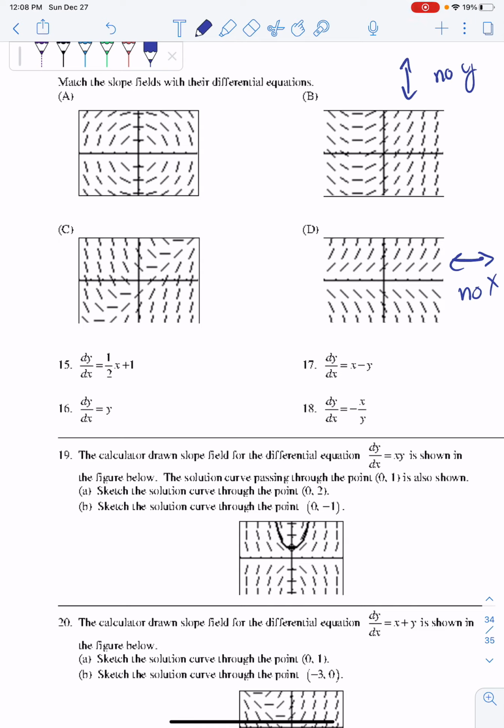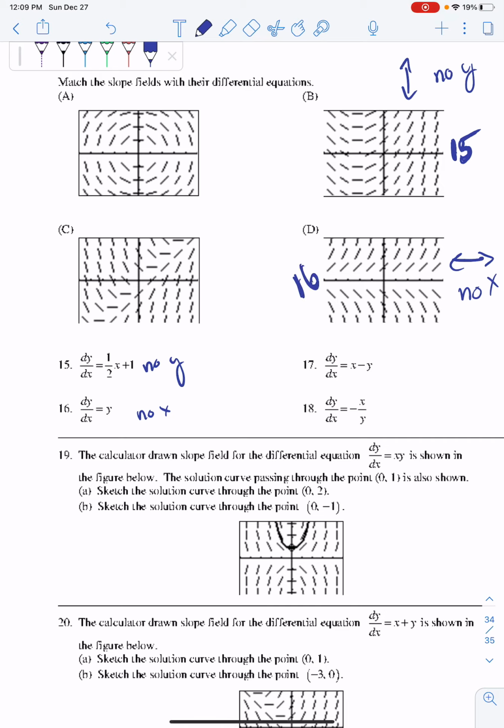It doesn't look like my function is changing. So when I look over here at my options, number 15, there is no y. So 15 is probably going to be this one right here. There is no y value. And then number 16, there's no x. So this one is probably going to be number 16.